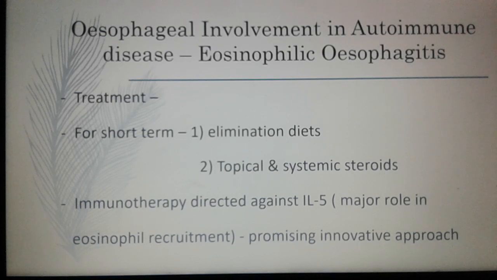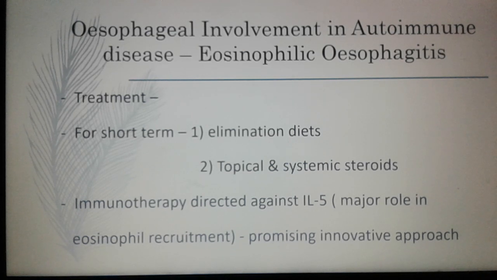As far as the treatment of this eosinophilic esophagitis is concerned, for the short term, just eliminate the things in the diet that you think you are allergic to. Just kindly eliminate that particular item. As well as topical and systemic steroids can be given to the patient.